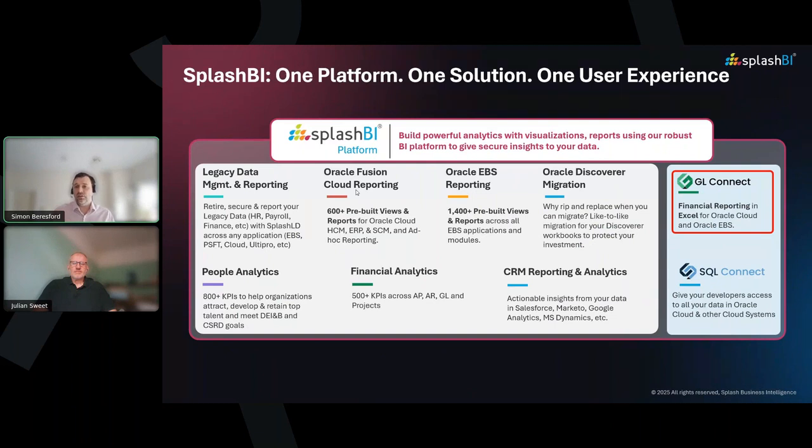That's our financial reporting in Excel, specifically at this stage for Oracle Cloud Fusion and Oracle eBusiness Suite. There are other areas that we cover, such as reporting and analytics across the Oracle landscape, both on-premise and on cloud, and also legacy data and analytics as well. Next slide, please, Julian.